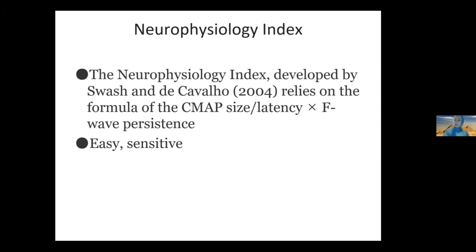Why is this important? Because it allows objective follow-up of patients. Sometimes we really need this, especially now that there are so many trials for different indications, and the pharmaceutical companies would want more objective criteria to test their potential drugs. So the neurophysiology index could be very helpful in following up the different nerves of that patient.